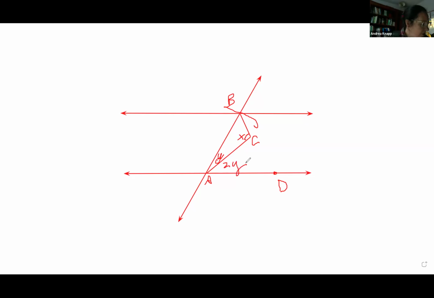And then we're also told angle CBE is twice angle ABC. So I'm going to call angle ABC Z. And angle CBE, there's an E over here, would be 2Z.